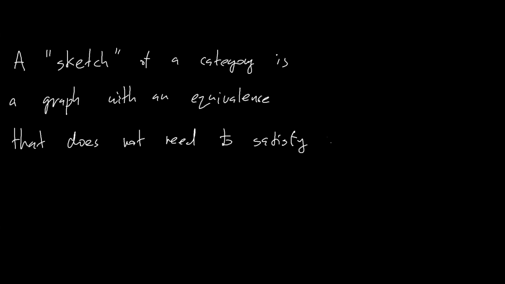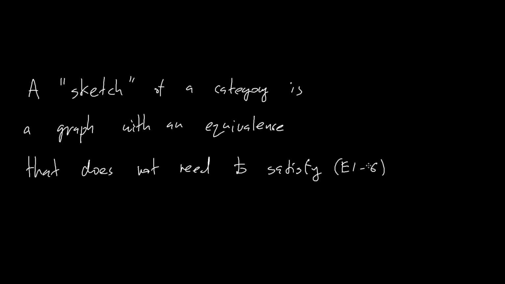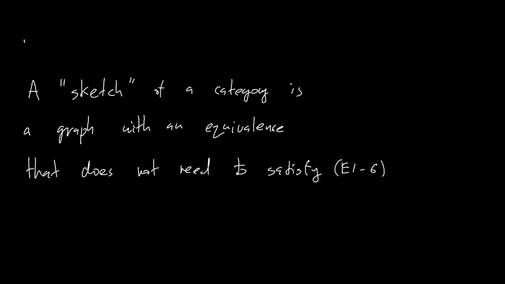It does not need to satisfy E1 to E6. And this is really good news because, well, first I need to convince you that we can actually build categories out of it. But before I convince you of that, let me show you why this would be useful.